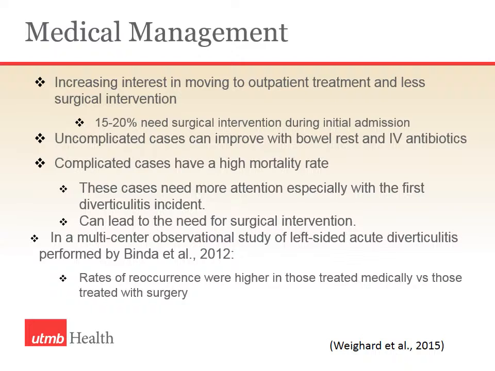So that's why they're thinking to move towards outpatient treatment instead of medically in the hospital, because there's a really high risk of people having to come back, and if they can prevent it outpatient-wise and hopefully diet-wise, we can prevent those reoccurring hospitalizations. And those treated with surgery didn't have reoccurrences, mostly because that part of the colon is removed, so there's less of a chance for it to reoccur.